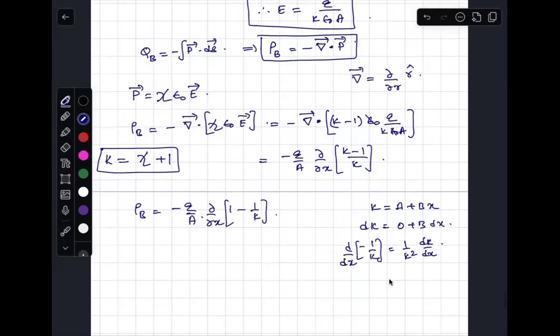Now I am going to use that relation here. Minus Q by A, 1 by K square, B refers to what? B is (K2 minus K1) by d.